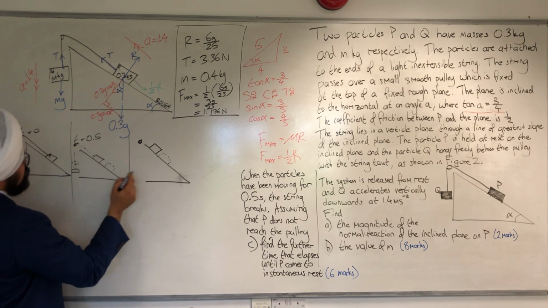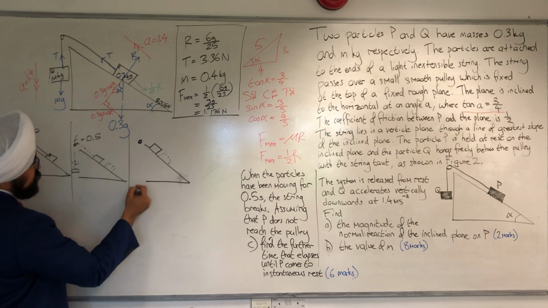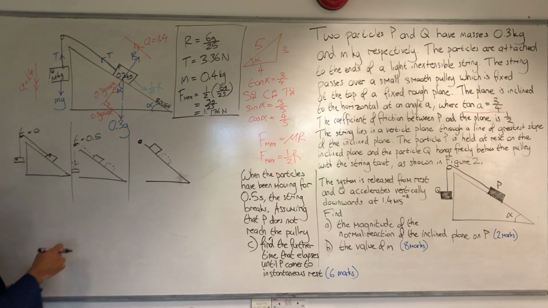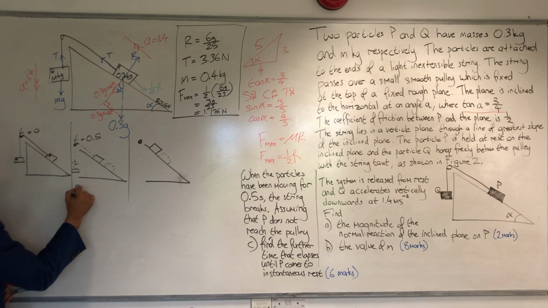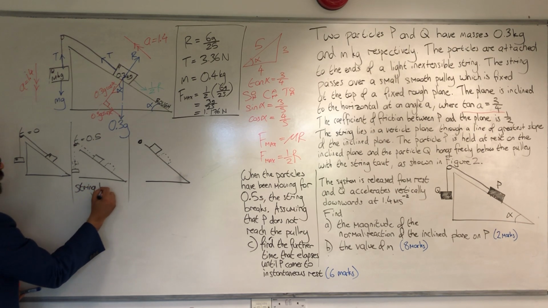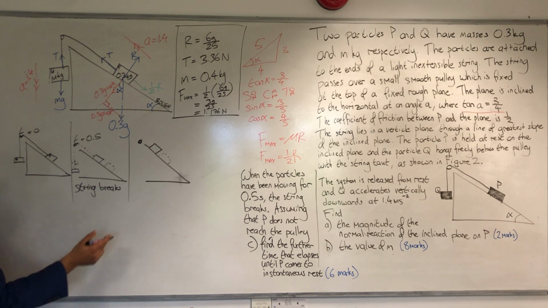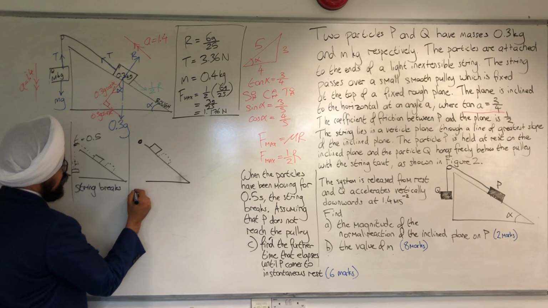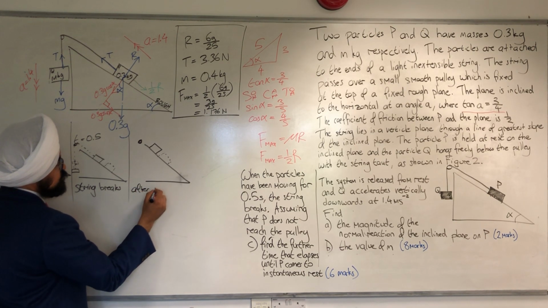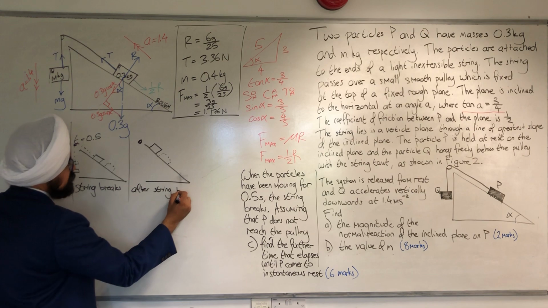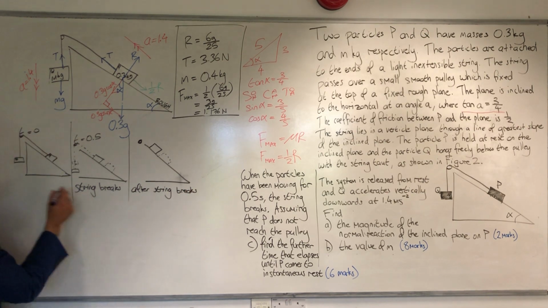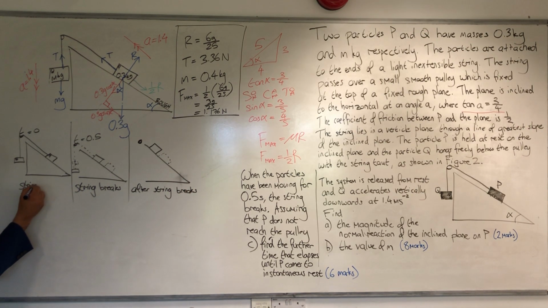And this one has broken already, so it's fallen down, so I'm not going to worry about this particle. Here the string breaks, and this is after the string breaks. And here the string is taut.